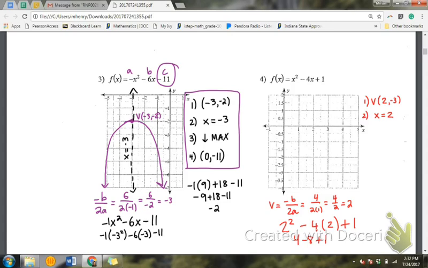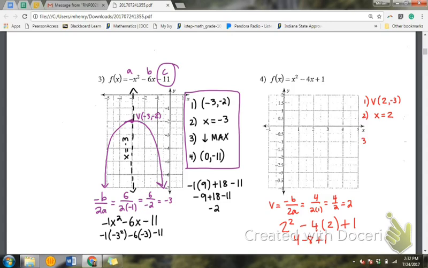Your vertex is 2, -3? Okay, what happened? You found 2, okay, 4 minus 8. Oh, this is a 1, and all of a sudden you made it a 4. So just a silly mistake. Your process is right. 4 minus 8 is -4. -4 plus 1 is -3.